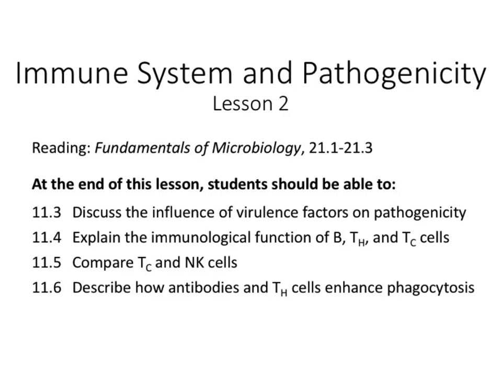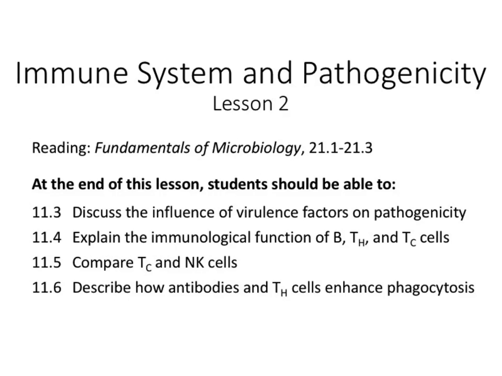I want you to take 2 to 3 minutes, and compare the structure, the activation, and the function of NK cells and TC cells, those cytotoxic T cells. Focus on both similarities and differences. Maybe you create a Venn diagram to put this together.